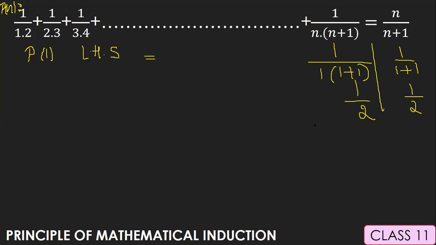Now let us assume that it is true for n is equal to k. Second step.